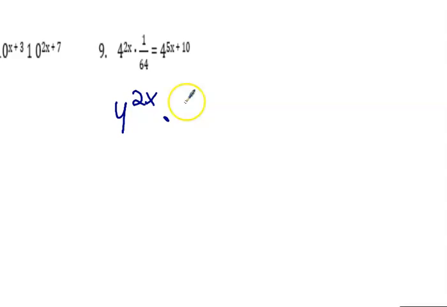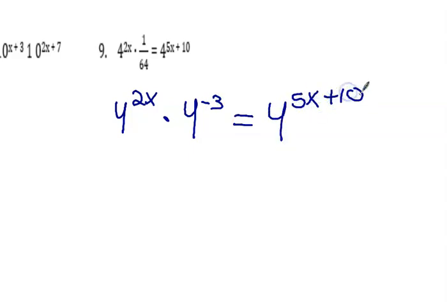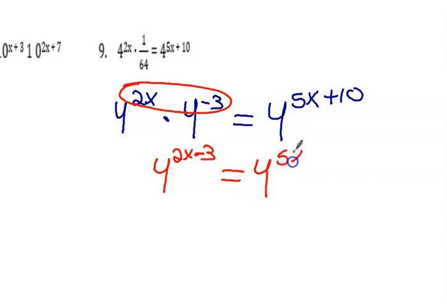So 1 over 64 is 4 to the negative third equals 4 to the 5x plus 10. Okay? So because these are the same bases, you're going to add the exponents. So I have 4 to the 2x minus 3. Okay? And then over here is 4 5x plus 10. Once the bases are the same, again, equal the exponents and rock and roll.